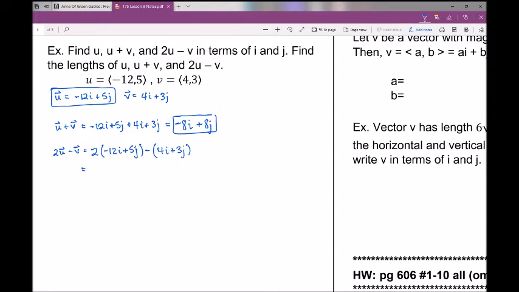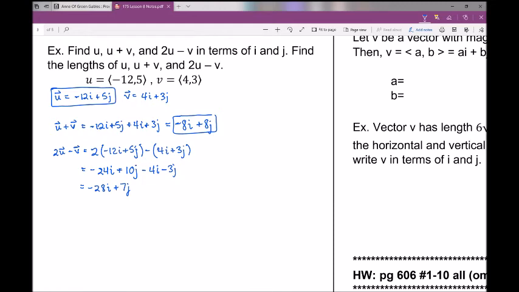So if we multiply by 2, we get -24i plus 10j. And if we multiply the second vector by the -1, we get -4i minus 3j. And finally, we just need to add the like terms. So -24i minus 4i is -28i. And 10j minus 3j is a positive 7j.